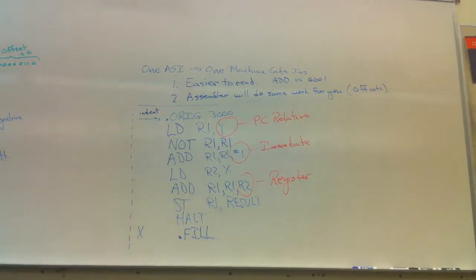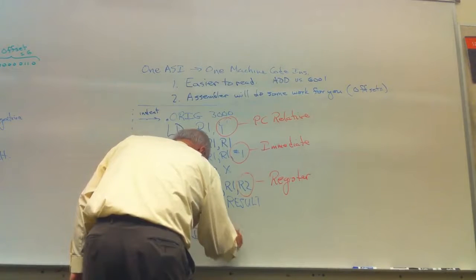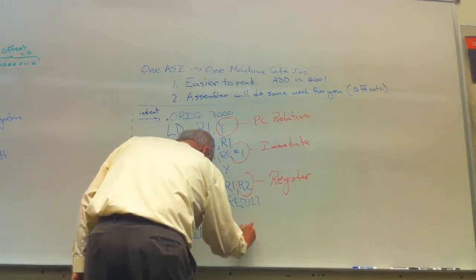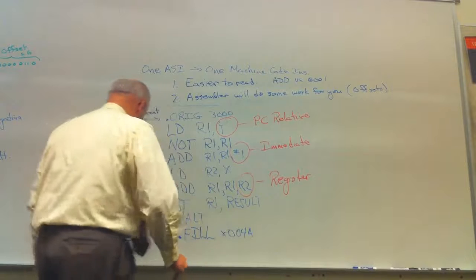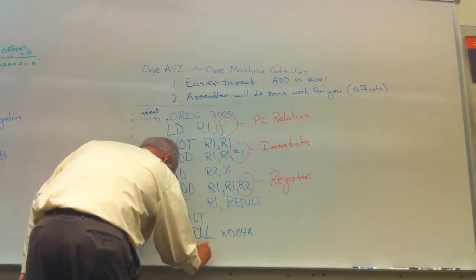We say dot fill. And then we put the value out there that we want to have filled into that memory location. And you can put it in hex. We would do y dot fill.